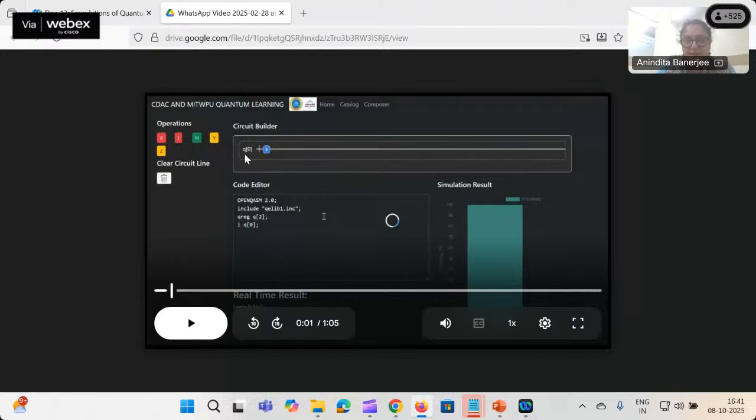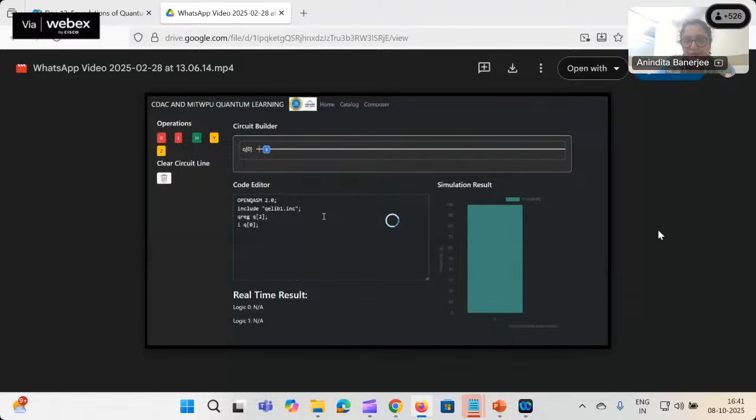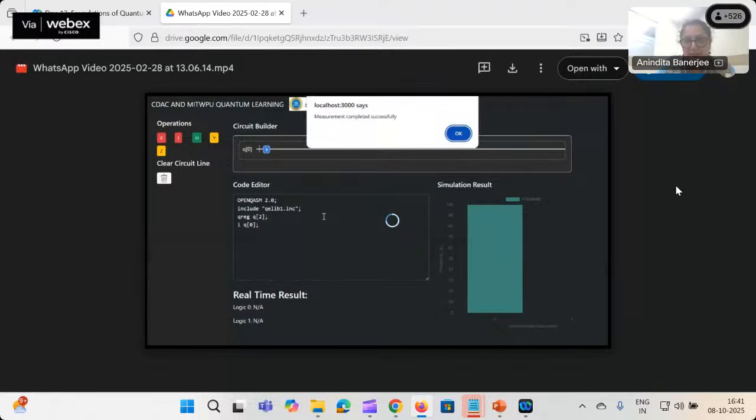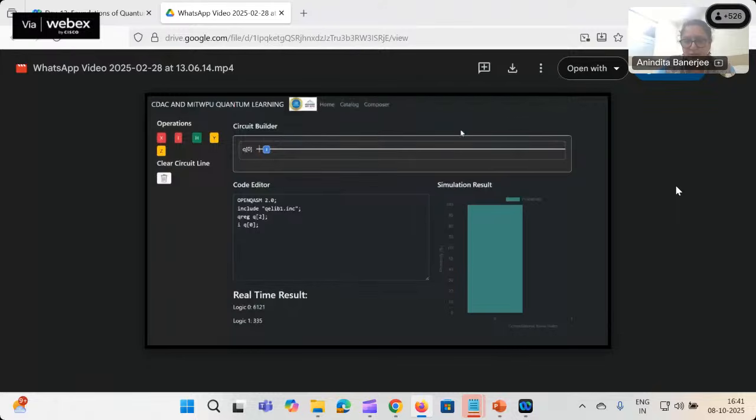Just please remember that if I'm sending identity, then my output for logic 0 should be logic 0 only. So you will see a higher number of counts for logic 0 and fewer for logic 1. Okay, it has started. Measurement is completed. You can see logic 0 is the highest.